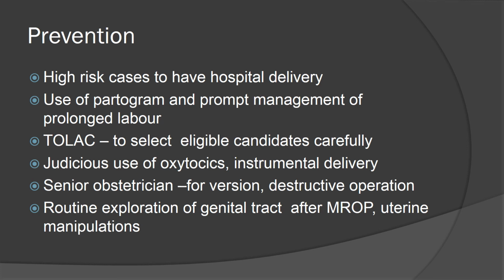And of course, depending on the indication, having a recurrent indication, there is no role for a trial. And patients with abnormal presentation or cephalopelvic disproportion should be excluded from the trial of vaginal delivery.